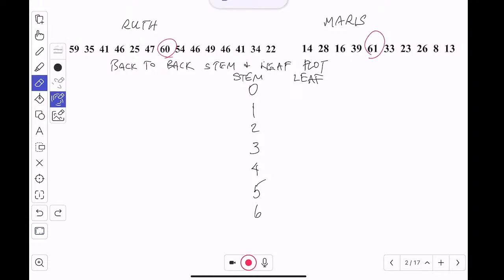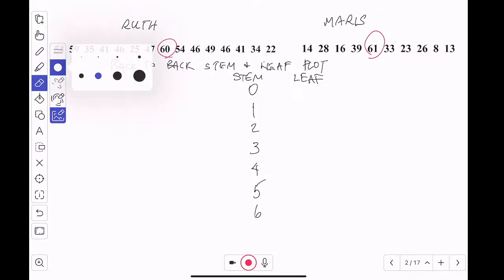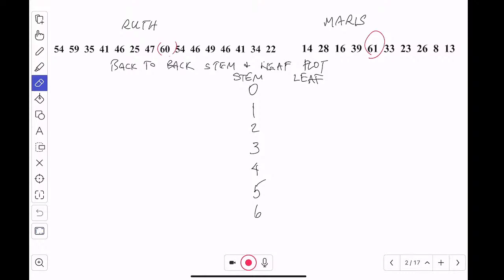Trying to clean things up a bit. So I need to put these in order. That's the first step. So putting these in order then, the first number for Maris is 8. The next number for Maris is 13.